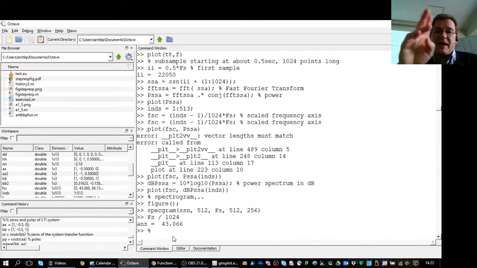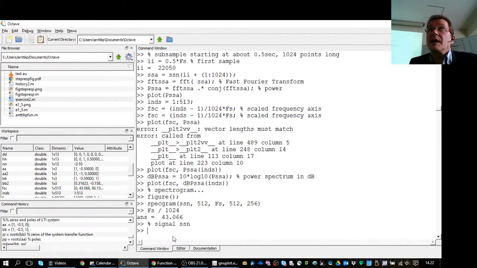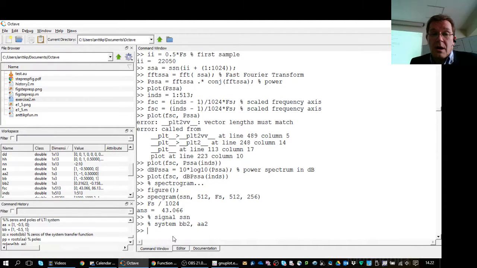Okay, good. So basically the last part is the very easy part. Just a reminder, we have this signal SSN, and we have the system BB2 AA2. How about filtering the signal with the system? This is a very simple thing to do.